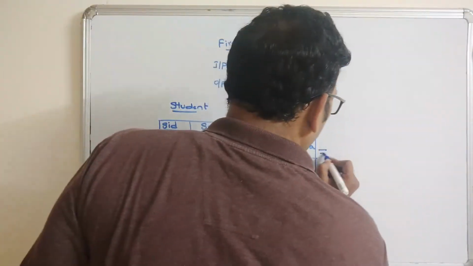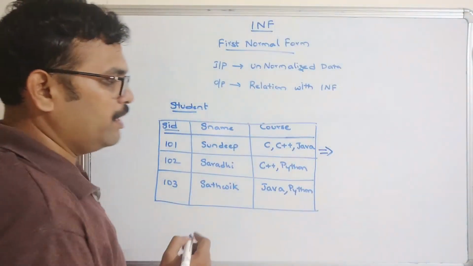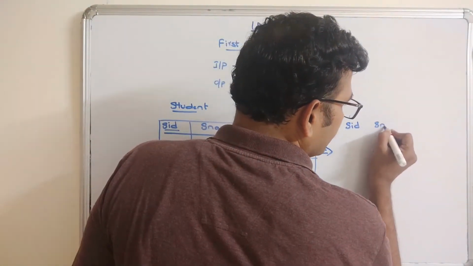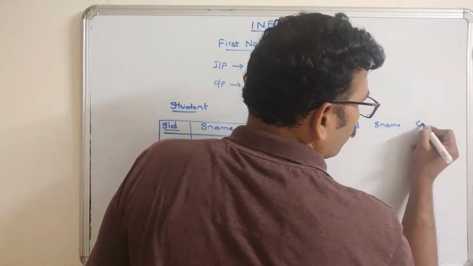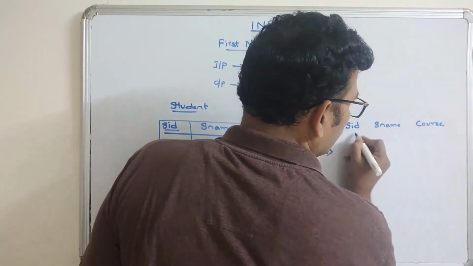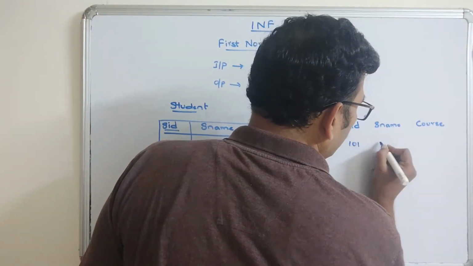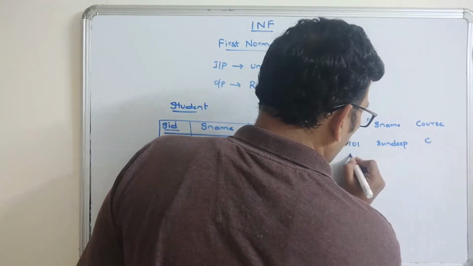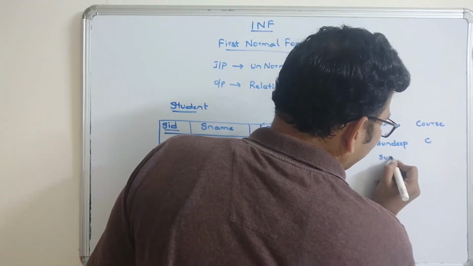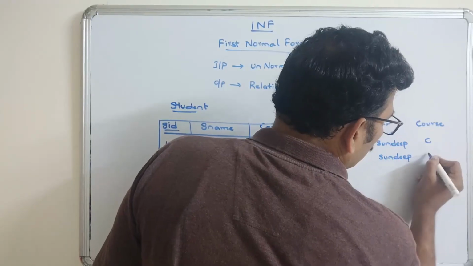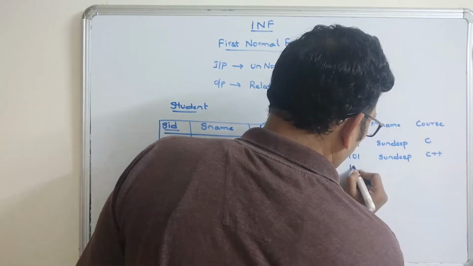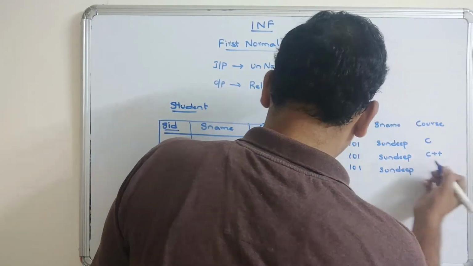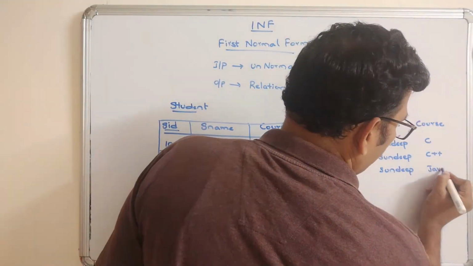So this can be converted to SID, SName and Course. You can see 101 Sundeep enrolled in C, 101 Sundeep enrolled in C++, 101 Sundeep enrolled in Java.